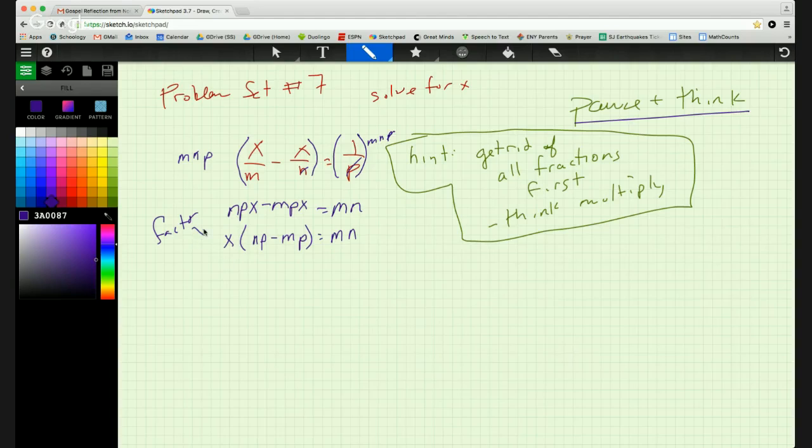I've correctly factored this. And now I'm going to divide everything by this value here. And I get x equals mn over np minus mp.